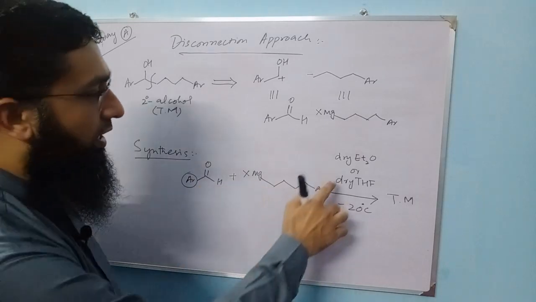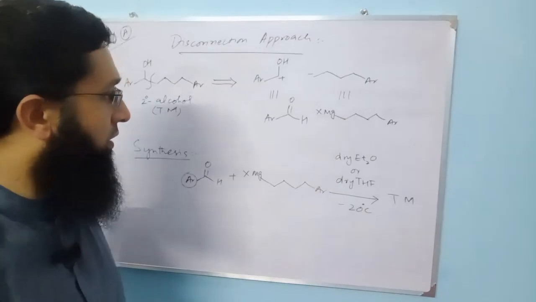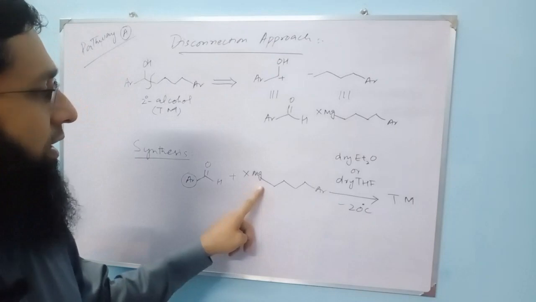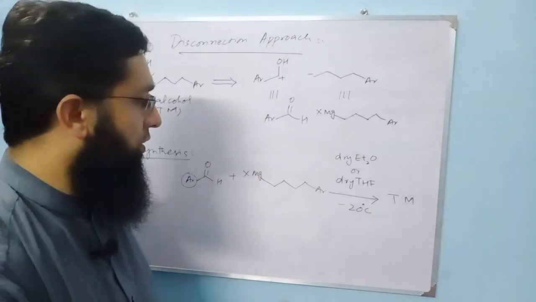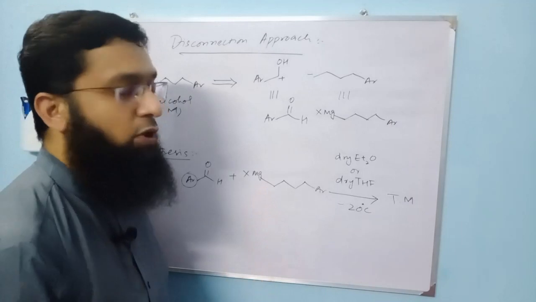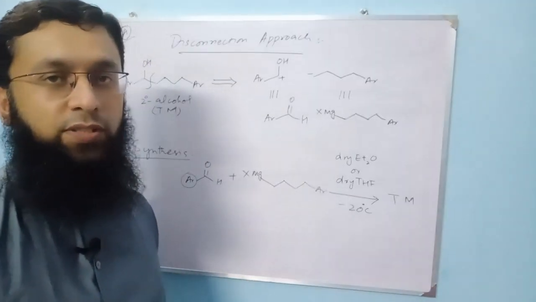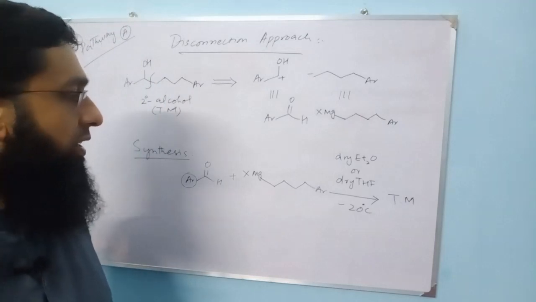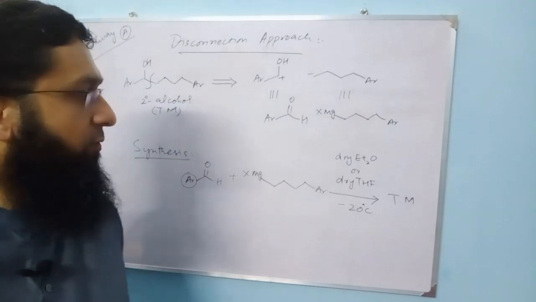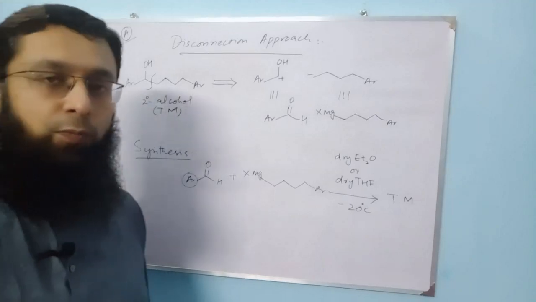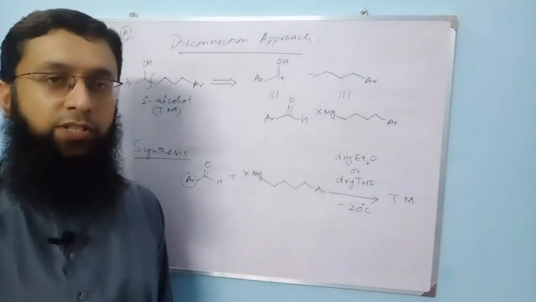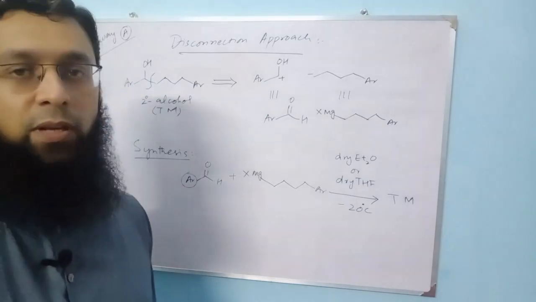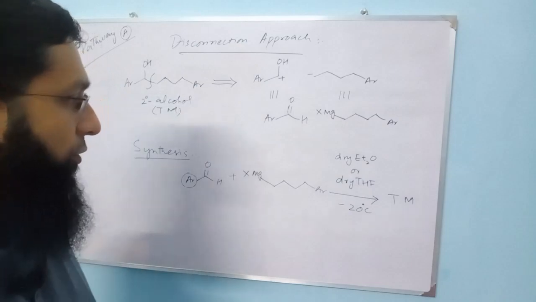Secondly, why do we use dry solvent here? Because when we have a Grignard reagent as a nucleophile, we have to choose a dry solvent because they are very reactive and can absorb moisture; they can take a proton from the moisture and be converted into the corresponding alkane. When they are converted into the corresponding alkane, it means they have been quenched, their reactivity is finished, and they are no longer available as a nucleophile.